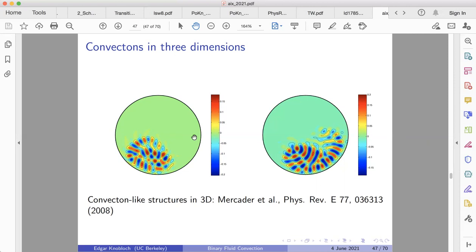As to waves, of course these systems do support waves, because after all they are self-stratifying. The concentration separates in response to the thermal gradient that's imposed, and so they do support internal waves. That's certainly true.